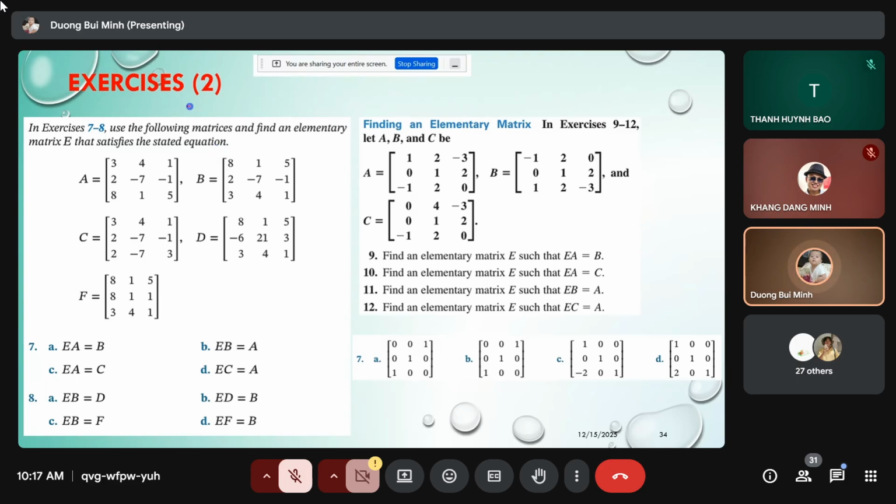Continue. Use the following matrices A, B, C, D, F, and find an elementary matrix E that satisfies the equation here.